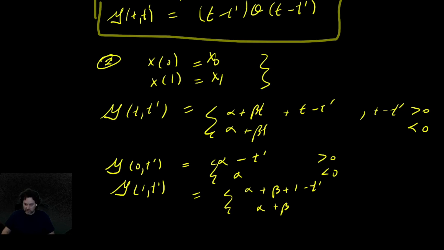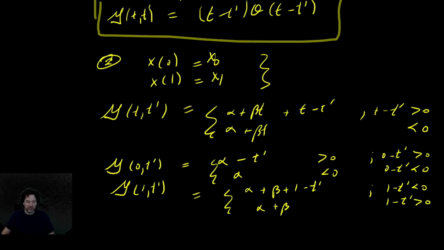So this one applies to here we had 0 minus t prime greater than 0, 0 minus t prime less than 0, and here we had 1 minus t prime less than 0 and 1 minus t prime greater than 0.